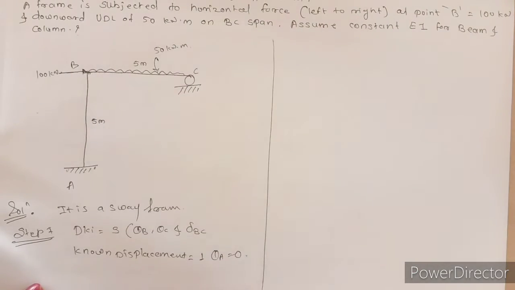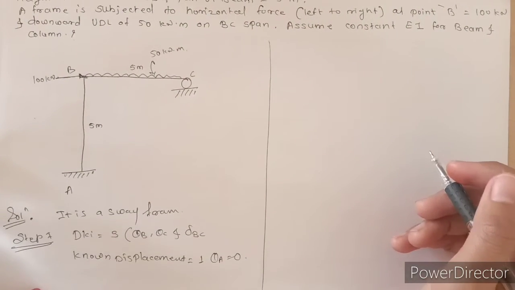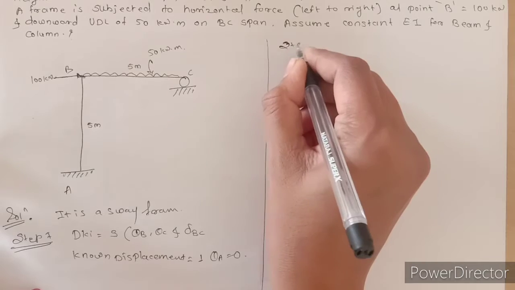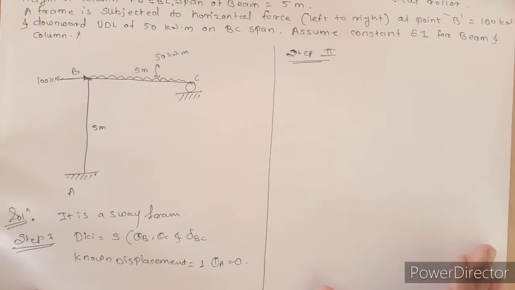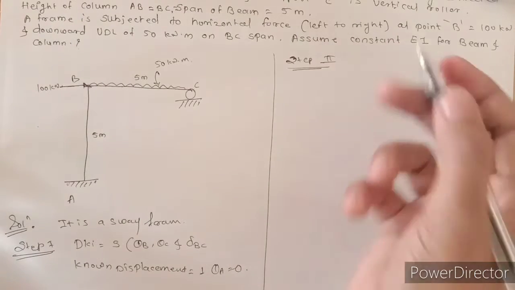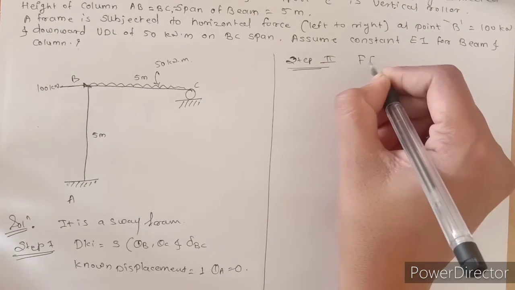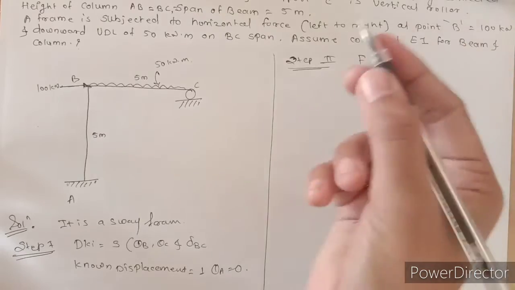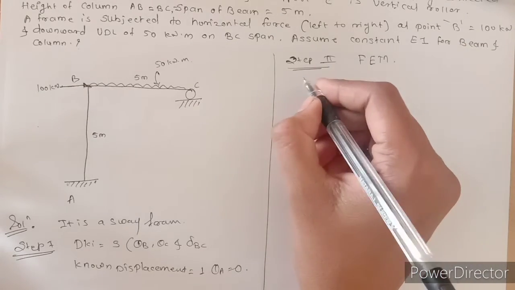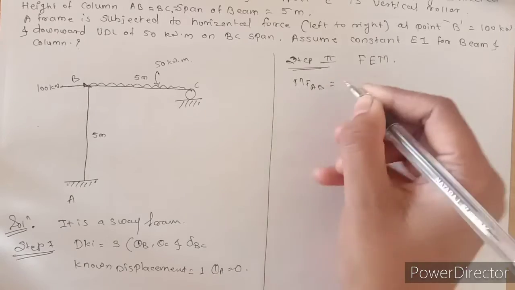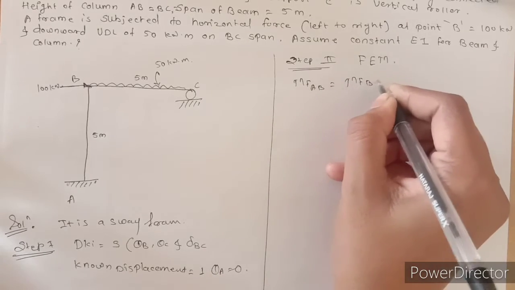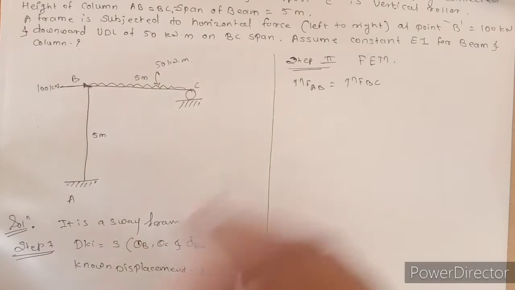Then step number two is to find the fixed end moment, that is FEM. First, the fixed end moment for member AB and member BA is equal to 0, because over this member there is no load.